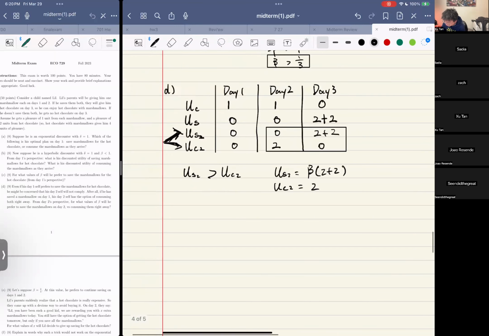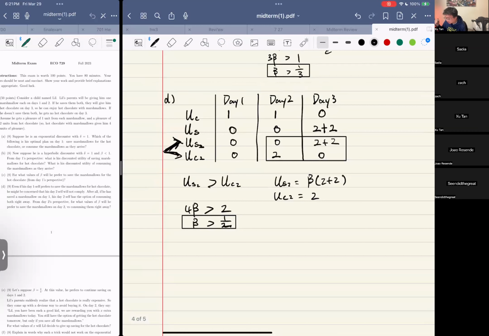So we set them greater. So US, it's 4 beta, greater than 2. Beta is greater than 1/2. That's it.